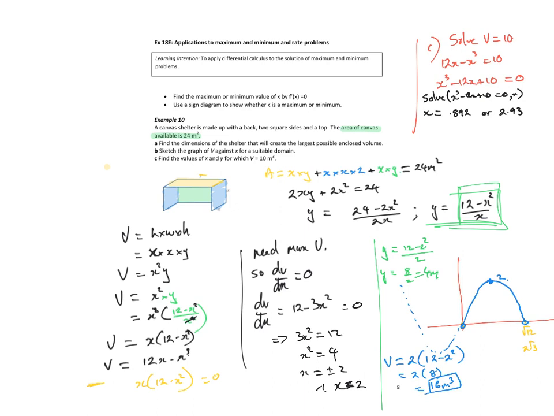I also know that y is equal to 12 minus x squared on x, and if I substitute those x values in, that'll give me y equal to 12.55 for the first pair, or 2.93, 1.16. So both of those sets of dimensions will give us a volume of 10 metres cubed.